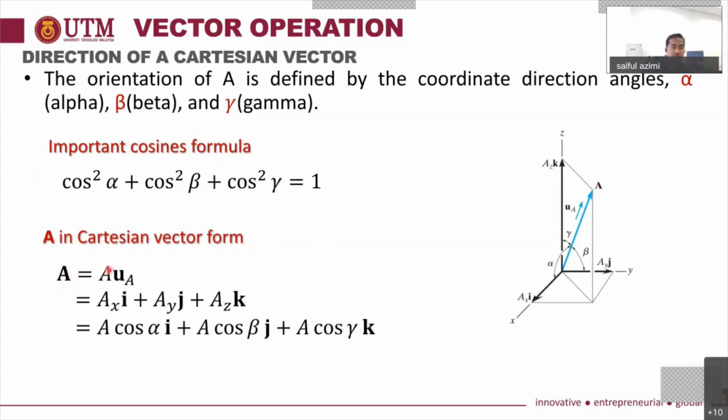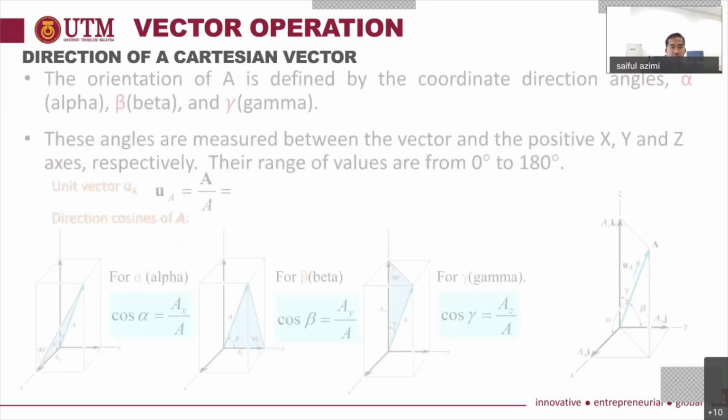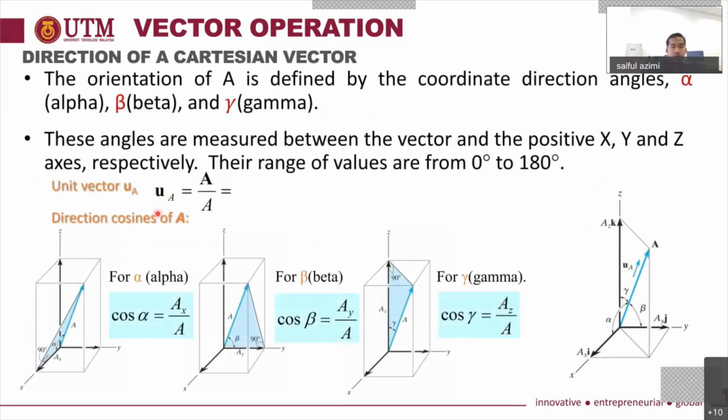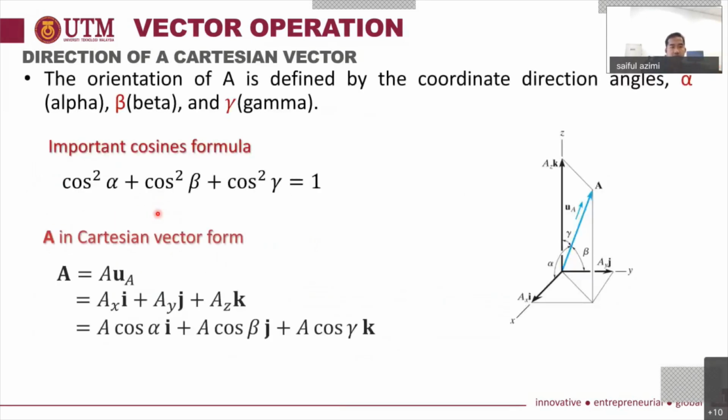So we have A multiplied by UA, the unit vector. UA is represented by A cos alpha, A cos beta plus A cos gamma, AX plus AY plus AZ. So this is UA, the unit vector.